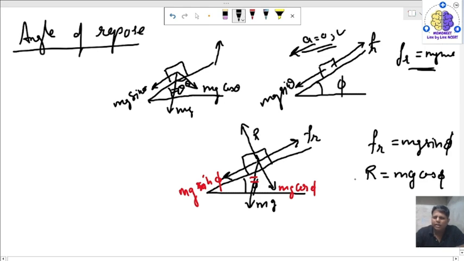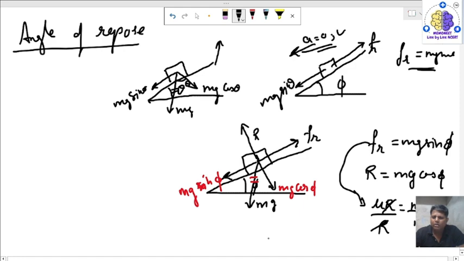It's phi, not theta, I'm repeatedly saying theta. So we can write this equation as mu into R is equal to mg sin phi, and divide it by the second equation, that is R equal to mg cos phi. So R and R cancel out.